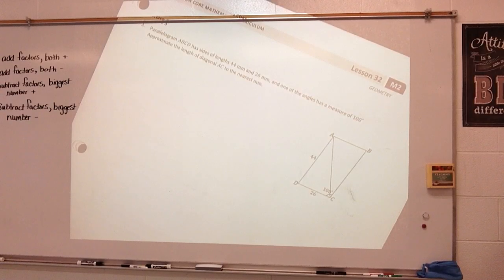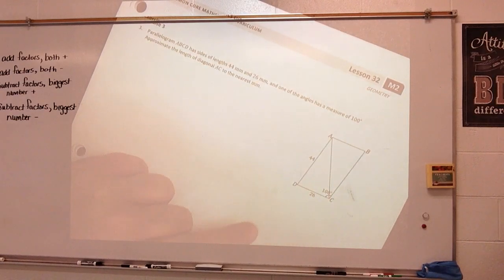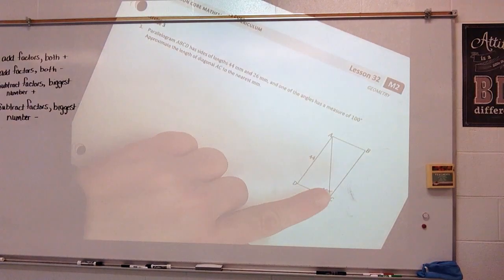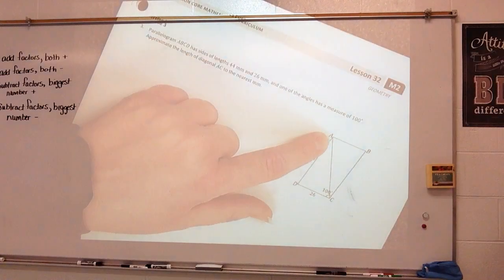Why do I know that? Let me re-speak for a second. The measure of angle C is equal to 100, which means since angle C is 100, angle A is 100.